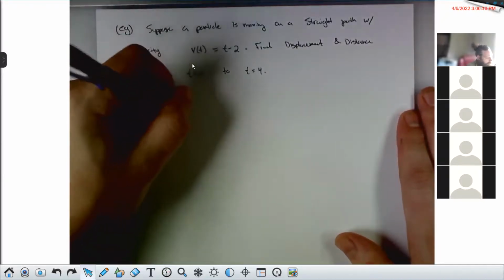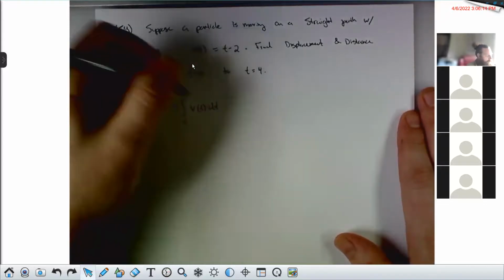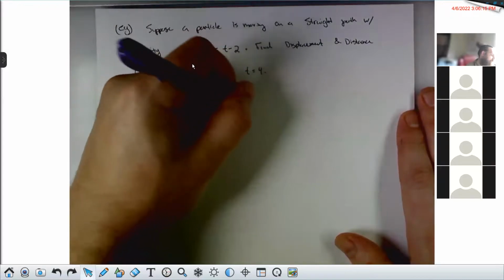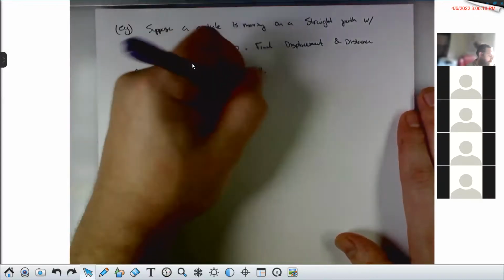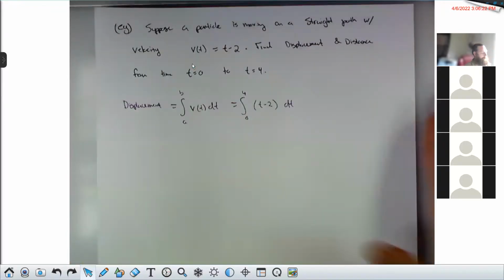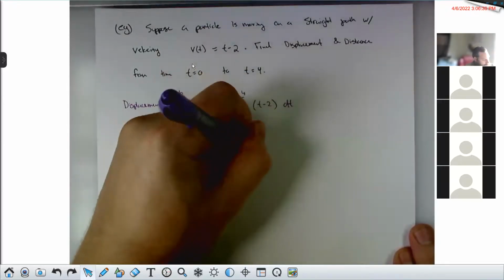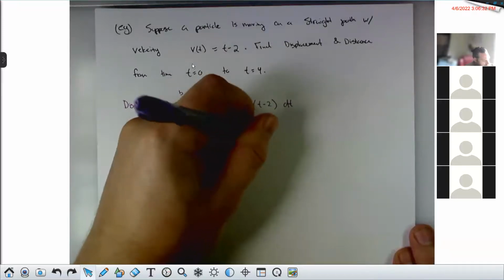We know that that's the integral from a to b of my velocity function v of t dt, which is the integral from 0 to 4 of the function t minus 2 dt. Calculate your antiderivative.